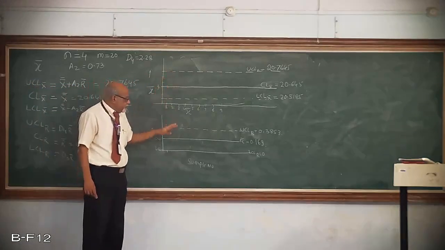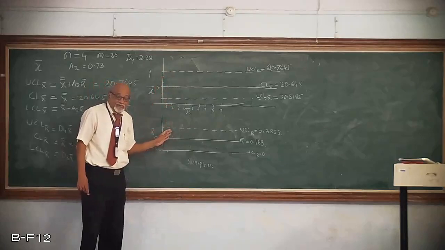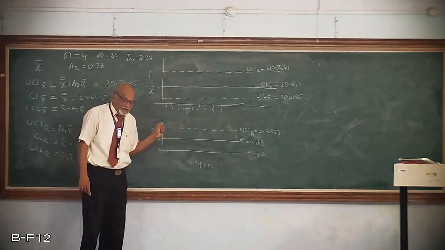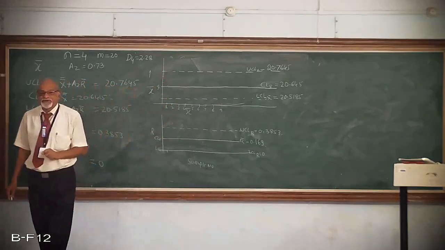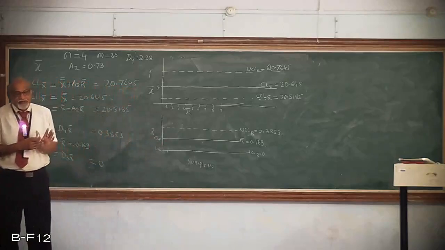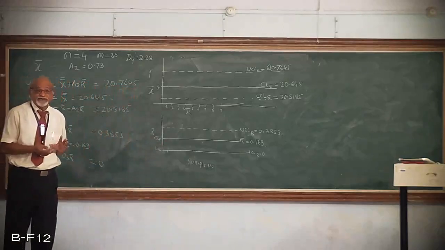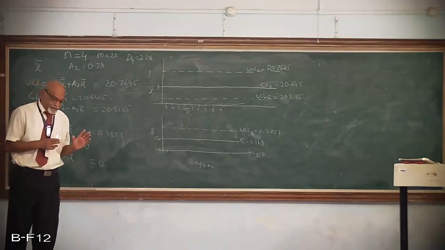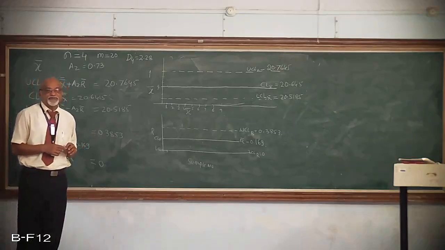But since it has fallen outside the control limit on the R chart, its variation is not within the expected limits. So the spread is increasing, it has changed. Hence, the process is to be stopped and investigations are to be made.